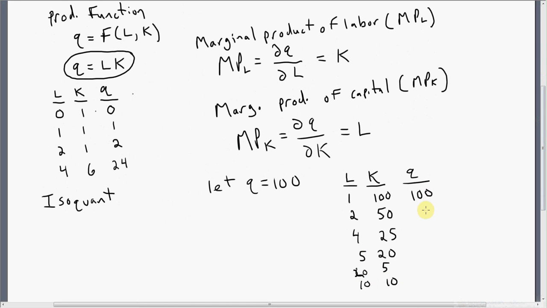So hopefully you're getting the point here that an isoquant is just showing all combinations of inputs that can produce a given level of output. This is just going to be one of many isoquants. We could repeat this exercise for when output is 50 or 70 or 200 or 1,000 for that matter. So there's going to be a whole map of these isoquants, if you will.